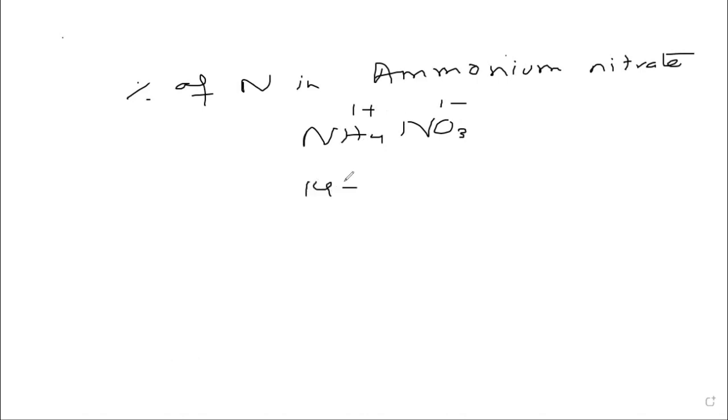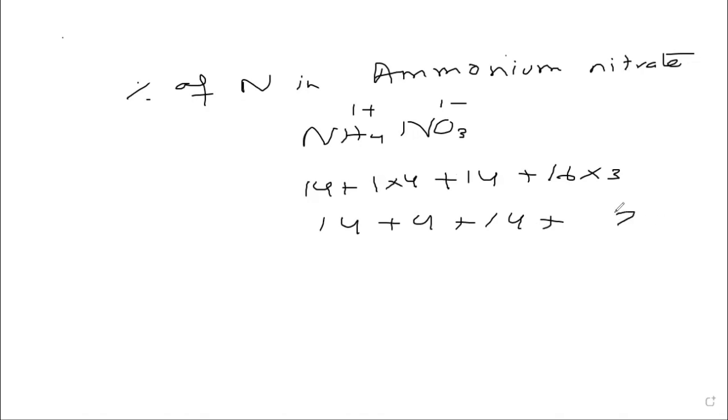Nitrogen's atomic mass is 14 plus hydrogen 1, how many? 4, multiplied by 4, plus nitrogen 14 plus oxygen 16 multiplied by 3. So 14 plus 4 plus 14 plus 48. 80. The RFM is 80.